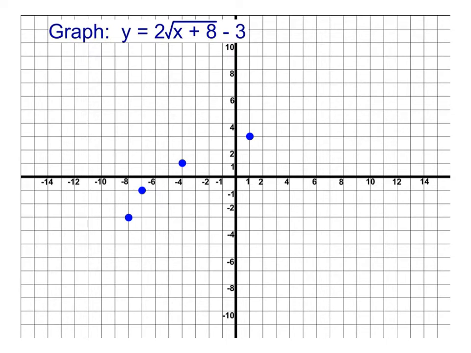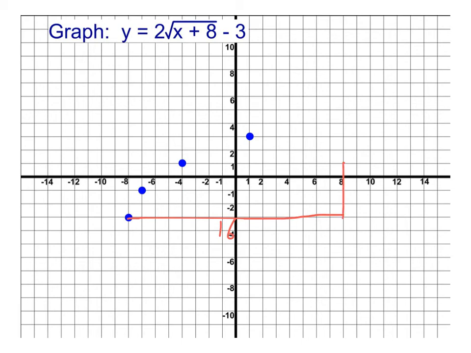And on your graphing grids, we can actually fit one more point on there. After we go over 9, how far over would we go? Normally it would be over 16, because I know what the square root of 16 is. What's the square root of 16? It's 4. So normally I'd do that.